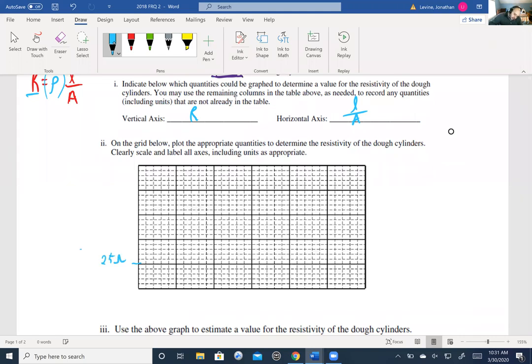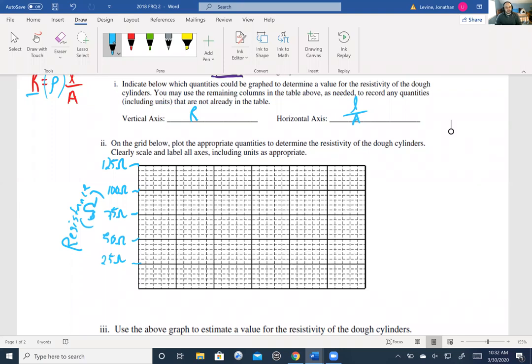This is resistance, whoops, measured in ohms. And yes, I tilted my head to do that. And then our next one here is 50 ohms, then 75 ohms, 100 ohms, and 125.